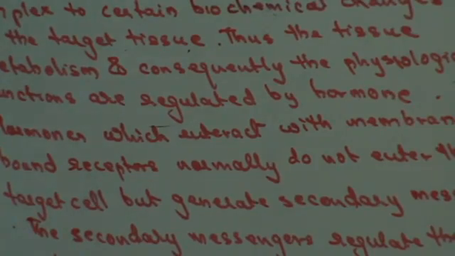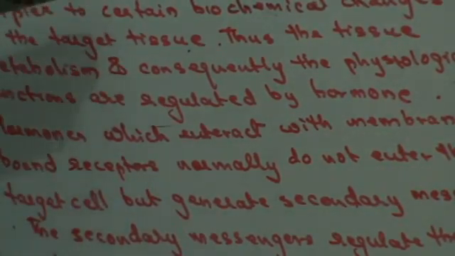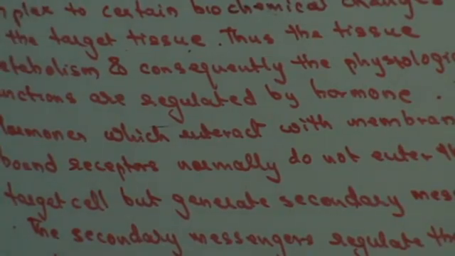Now there are certain hormones, like steroid hormones and thyroxine, which interact with intracellular receptors. We first saw those hormones that react with the membrane.